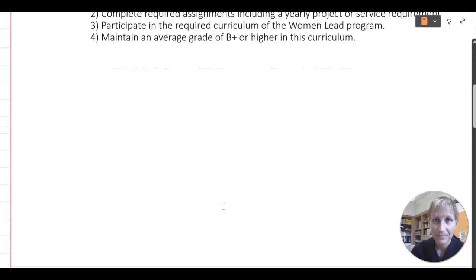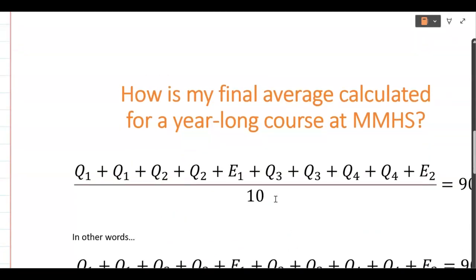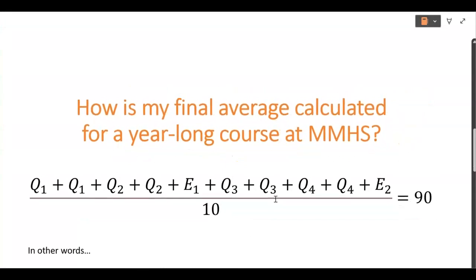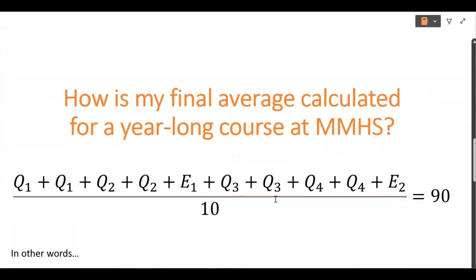So scrolling down, as we get down here a little further, how is my average grade calculated? Well, specifically, you add up quarter one twice, quarter two twice, quarter three twice, quarter four twice, and the exam grades once. Then you divide that by 10 because that's 10 grades.